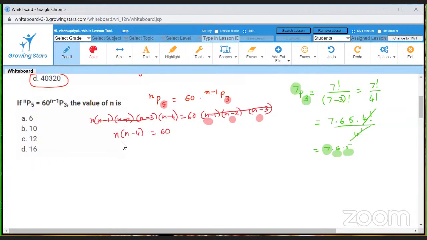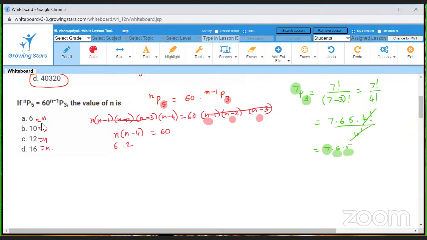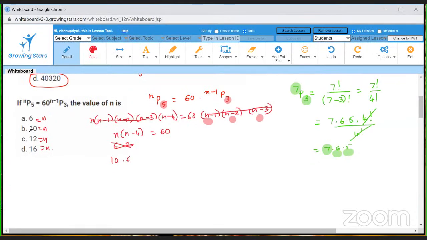You can solve this equation, but the easy way is, all these are given values of n. Which one will be correct? You can test. Suppose if you put n as 6, 6 into 6 minus 4, 2, will not give you 60. If you put n as 10, 10 into 10 minus 4, 6, yes, this is giving you 60. So option B is correct.